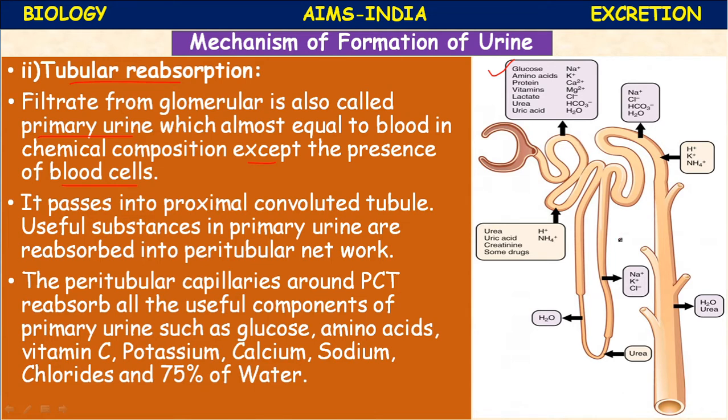If anything is left over, in the loop of Henle also some reabsorption takes place. That is sodium, potassium and chloride. These are very important salts which maintain the osmotic balance. And these are not reabsorbed: urea, uric acid, creatine, some drugs, meaning the medicines which we take, and the ammonium in the form of ammonia, very dangerous.